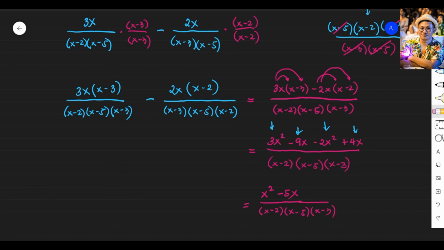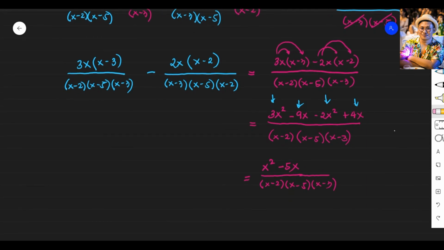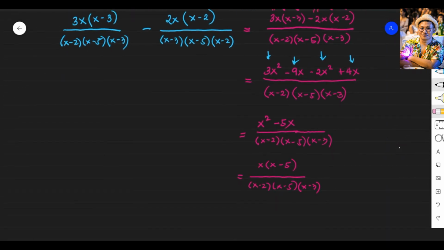Okay? And then, we can also factor x in the numerator. So, may tabuan ni guys is x times x minus 5 over x minus 2, x minus 5, and x minus 3. Which one can be cancelled? X minus 5. So in other words, the final answer that we have here is going to be x over x minus 2 times x minus 3.